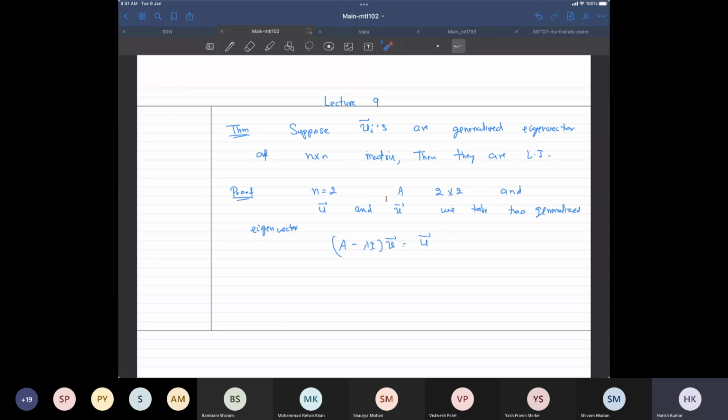Now once you have that, we need to show they are linearly independent. So we take two constants C1 and C2 such that C1 u plus C2 v is equal to 0, and what we need to show is that C1 is equal to C2 equal to 0.